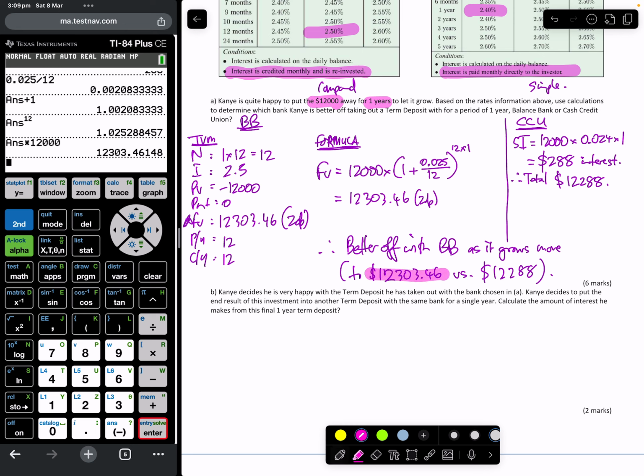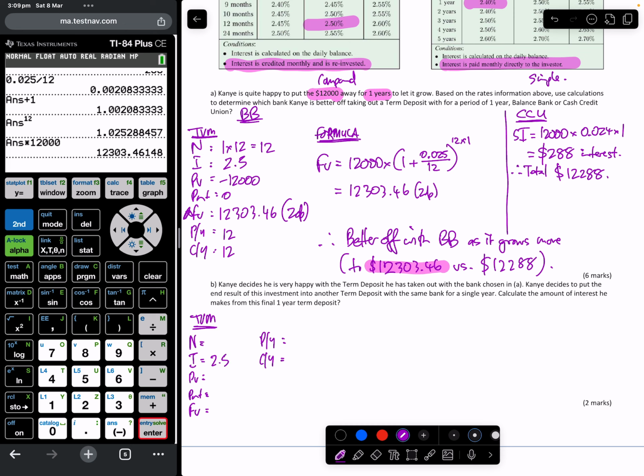So TVM method and Balance Bank. Let's just do the variables: PMT, FV, PY, CY. Interest rate, if he's putting in 12,303, it's still going to go in the same place, 2.5%. He's putting $12,303.46 into the bank.